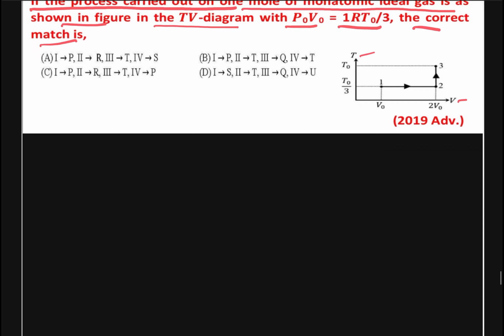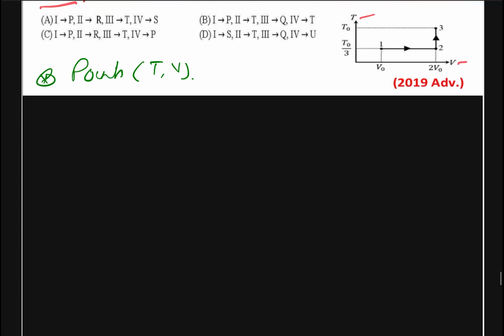Volume is constant. So now in this case, basically we can mark the points as temperature, volume. Therefore, we have our first point, temperature is T naught by 3 and volume is V naught.